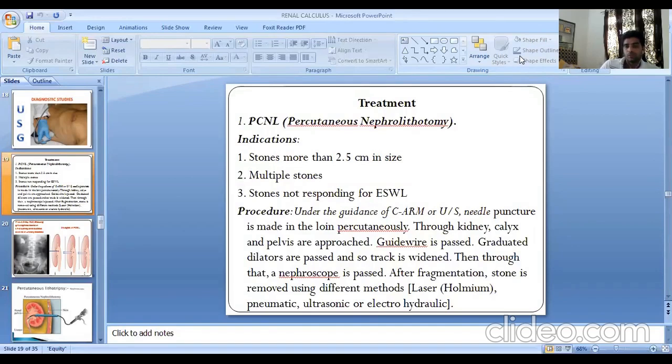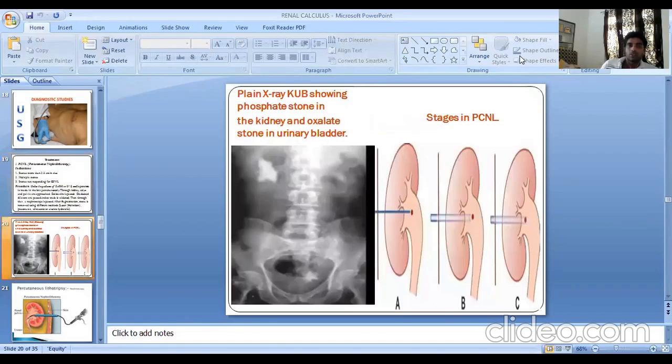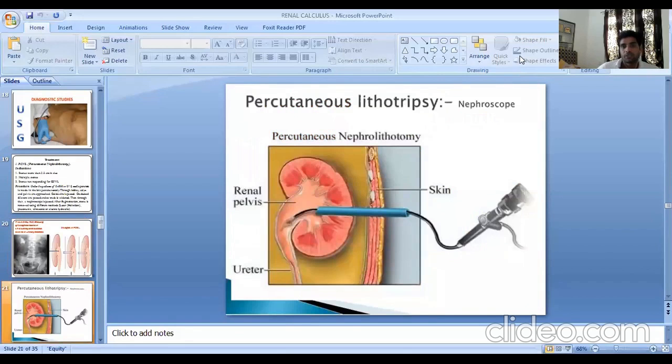Plain X-ray KUB showing phosphate stones in the kidney and an oxalate stone in the urinary bladder. As you can see in this diagram, stages in PCNL, A, B, and C. This is percutaneous lithotripsy.